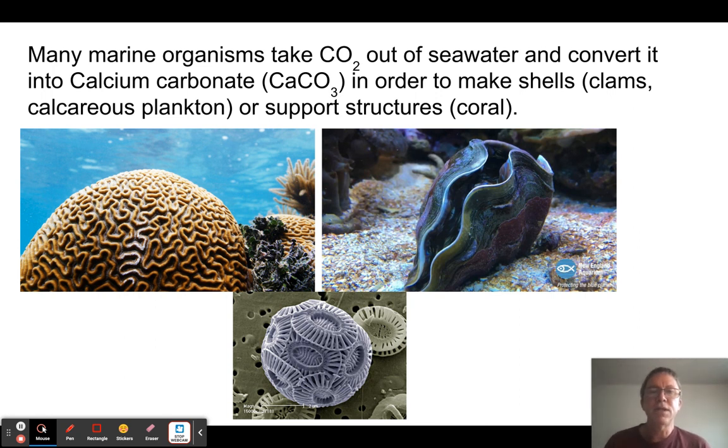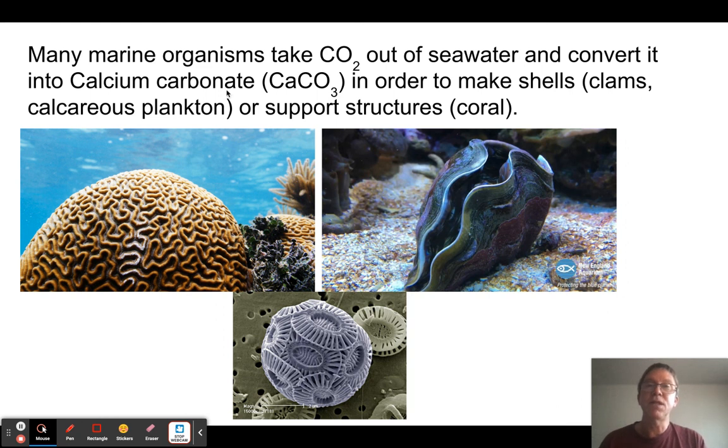When carbon dioxide dissolves into water, organisms like clams or other mollusks, corals, and these adorable little planktonic phytoplankton called coccoliths build support structures or protective shells out of calcium carbonate, because calcium carbonate is not soluble in normal seawater. And so it's just a great way of precipitating out a shell material or a structural material that doesn't dissolve in seawater.